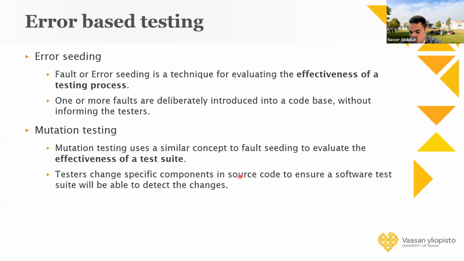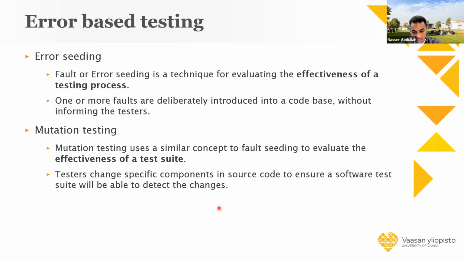The second method is mutation testing. Mutation testing actually is where you generate many versions of your application. The tester, not the manager now, generates many versions of the code, of your source code.